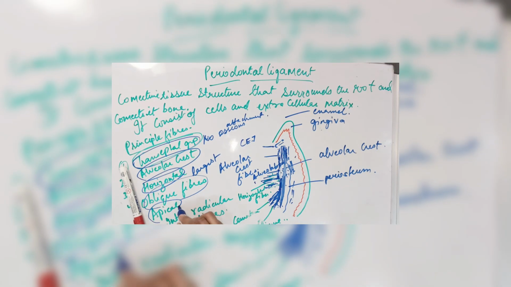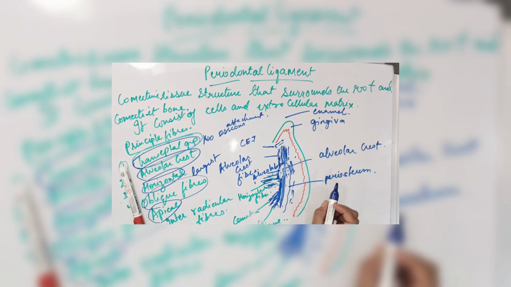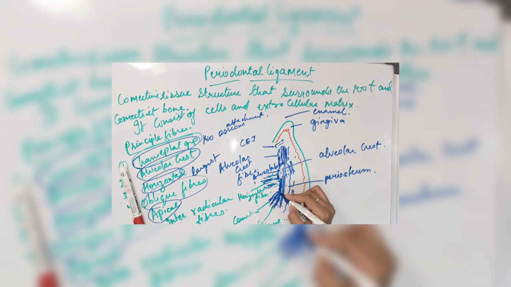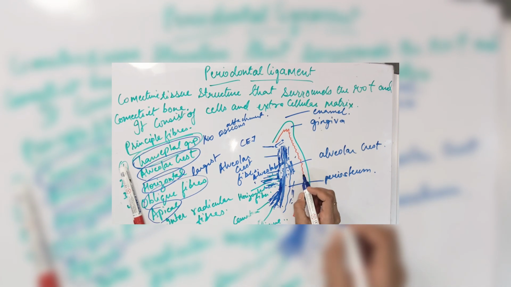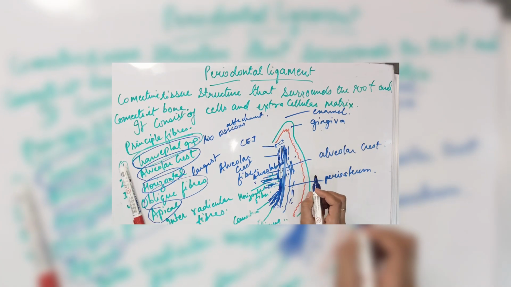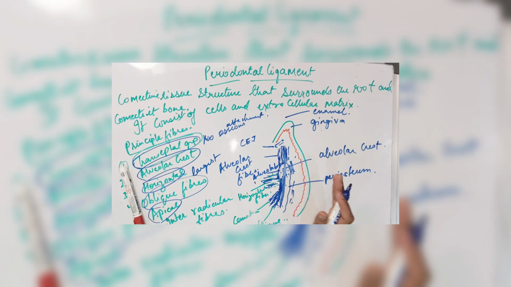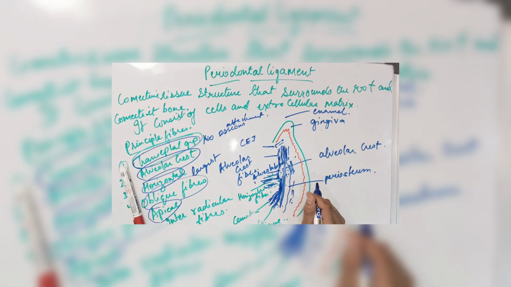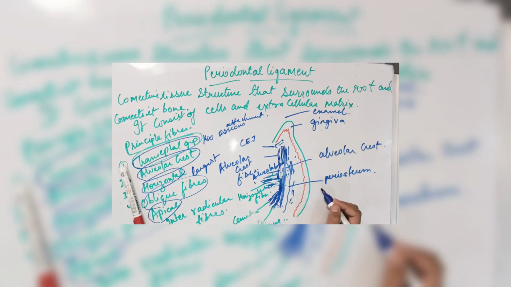Now comes the next, apical. They originate from the cementum at the root apex, radiating apically and laterally into the bone of the alveolus.